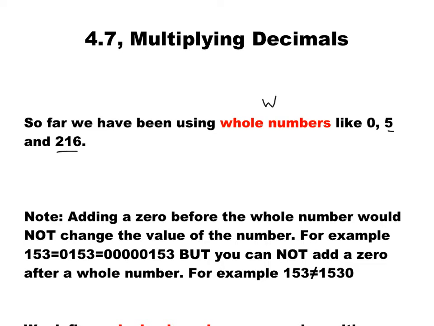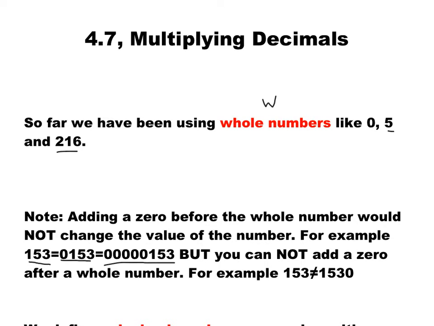One thing you have to remember is that you can add a 0 before a whole number and the number doesn't change. For instance, 153 is the same as 0153, or is the same as 5 zeros before 153. You always get the same number, which is 153.